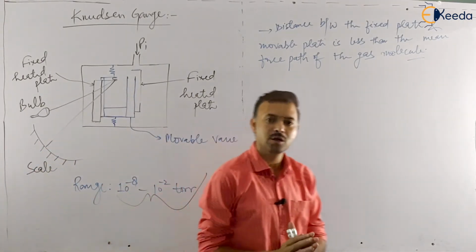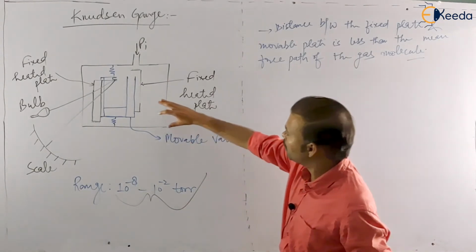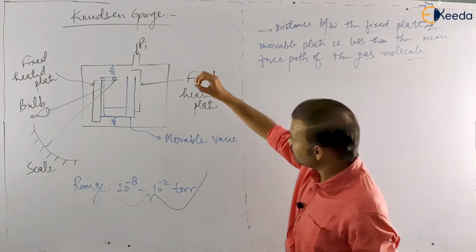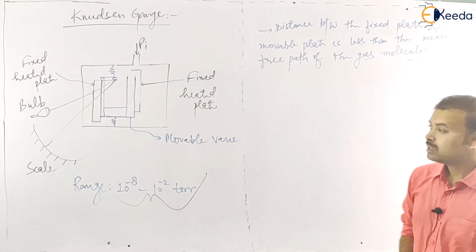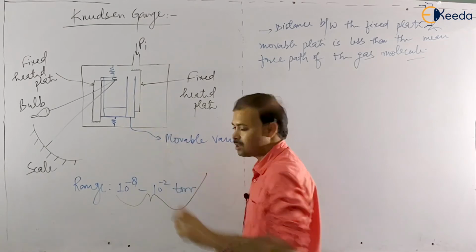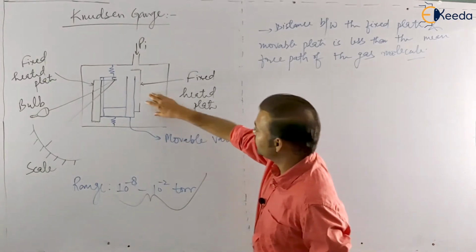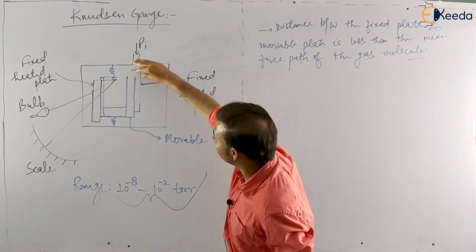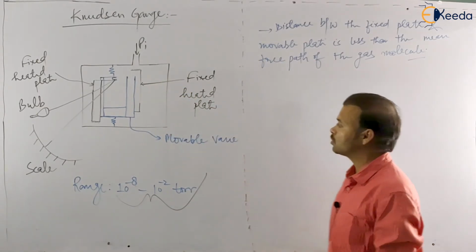Now, according to the kinetic theory of gases, the momentum of a gas molecule once it has collided with a heated object will be greater than that of a molecule which has collided with a colder surface, right? So if this plate is heated and that plate is heated, and the gas enters from this port, the molecules will collide.